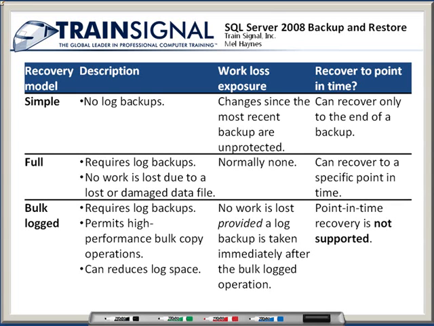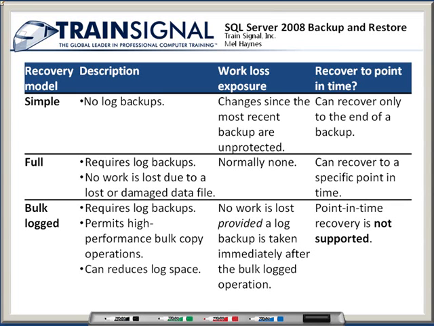So let's say you're in the bulk logged recovery model and you do some type of a bulk logged operation. Right after that operation, you want to do a log file backup. Provided you do that, you're still in the situation where you don't lose any data. The only thing you've lost is the ability to restore to a specific point in time.